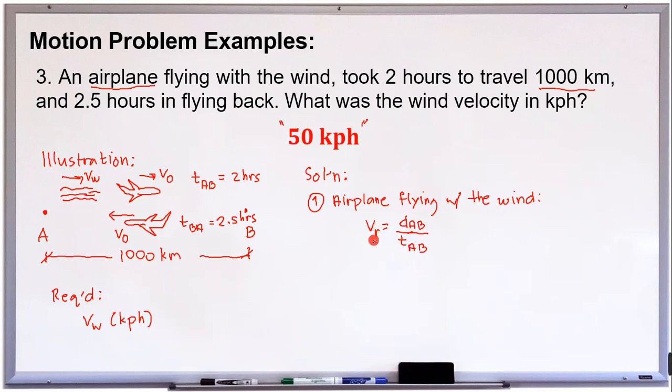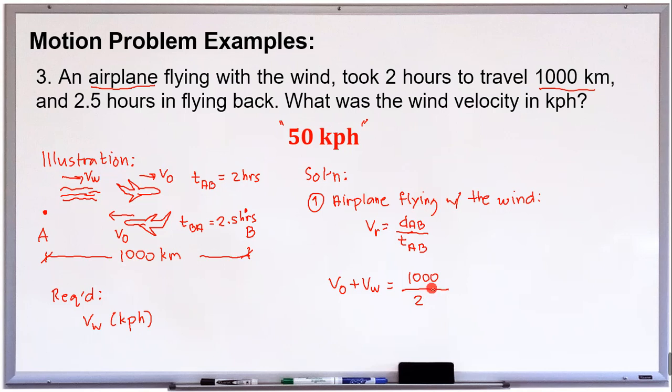So the resulting velocity is the sum, VO plus VW, equal to the distance from A to B, which is given, 1000 kilometers, all over the time from A to B, that is 2 hours.